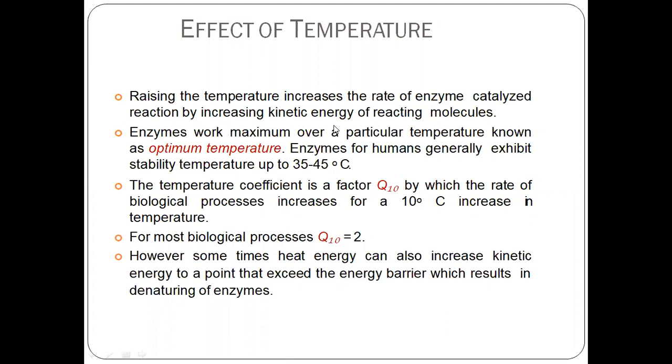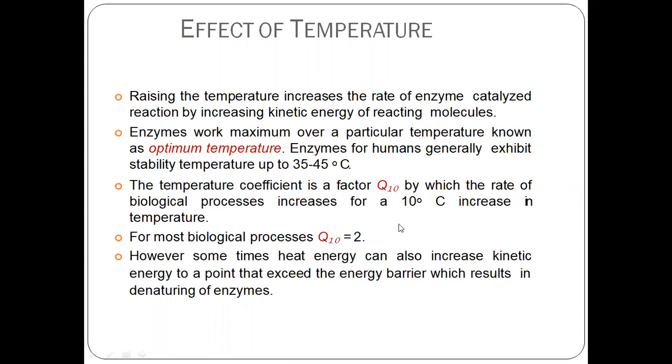Here also, in the case of enzyme catalysis, when the temperature is increased by 10 degrees centigrade, the rate of the reaction doubles. Here also it is known as the temperature coefficient, and it is indicated with Q10.